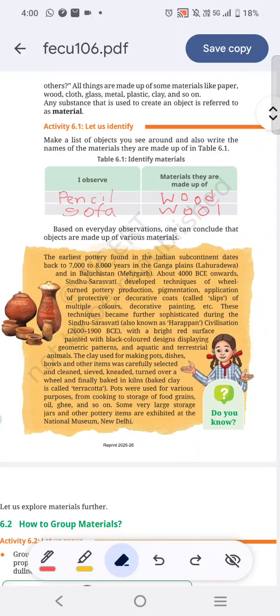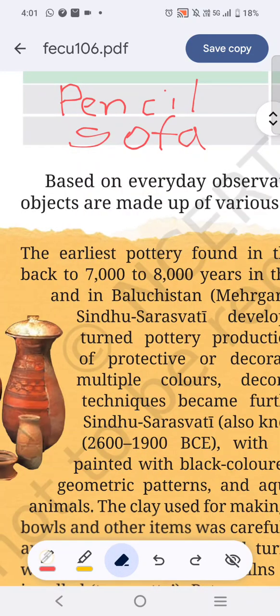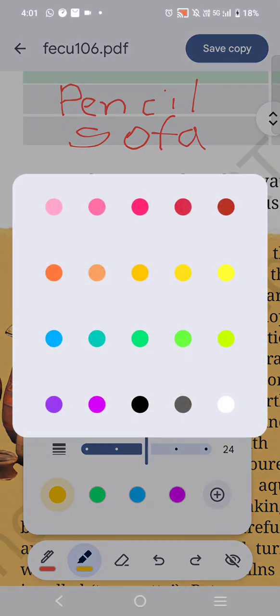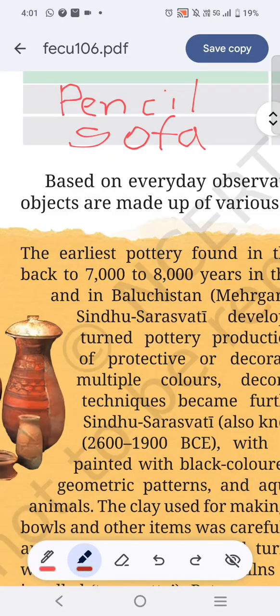Based on everyday observations, one can conclude that objects are made up of various materials. The earliest pottery found in the Indian subcontinent dates back to 7,000 to 8,000 years ago. That is very amazing. I think we should highlight this with our red highlighter.